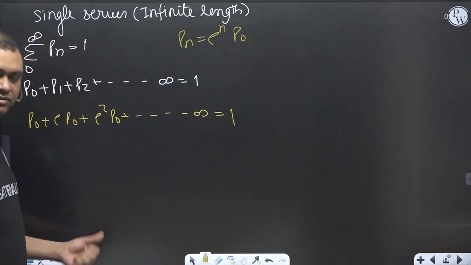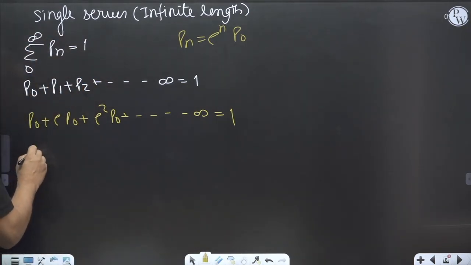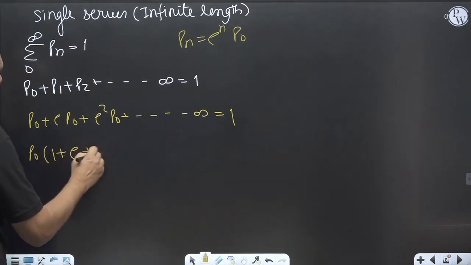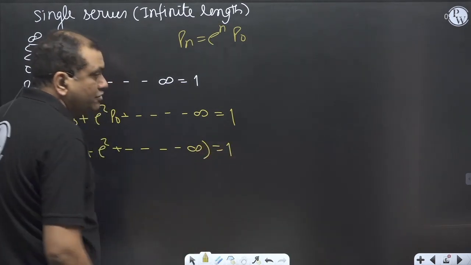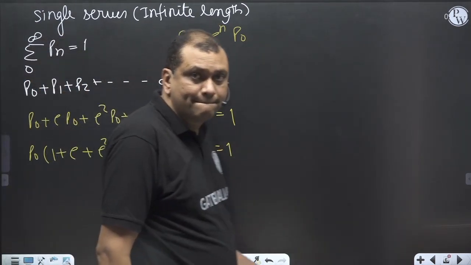Take P naught common out. So 1 plus rho plus rho square up to infinity should be equal to 1, correct?